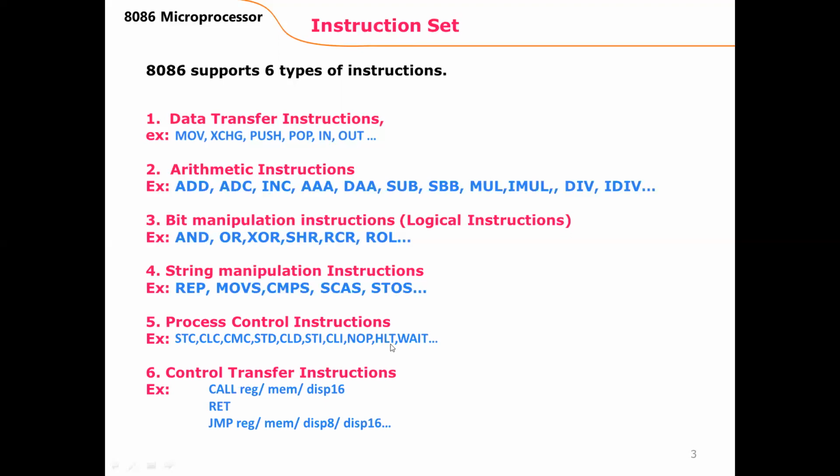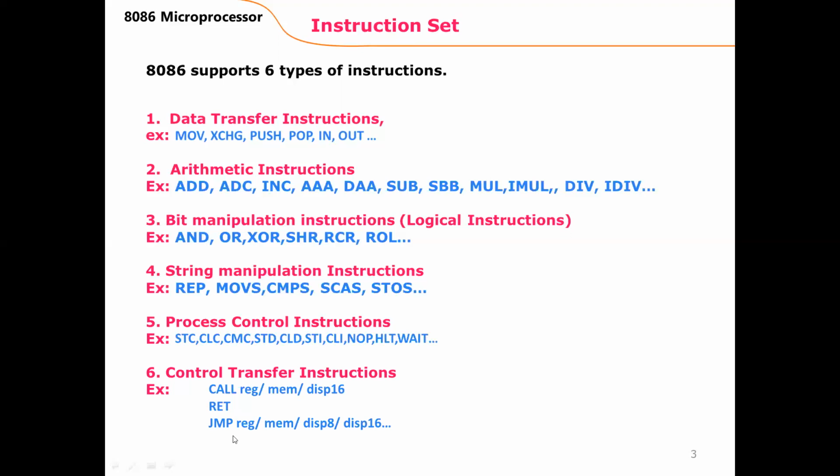Control transfer instruction means the programmer can transfer the execution control of the program from one particular location to another. For example, a program always executes in sequence, meaning first it executes the instruction at the first memory location, then the instruction stored in the next memory location, and then the next. The instruction pointer is used to hold the effective address of the next instruction to be executed.